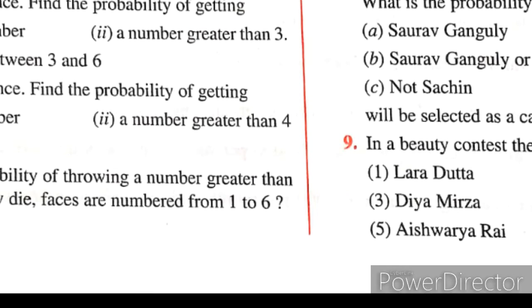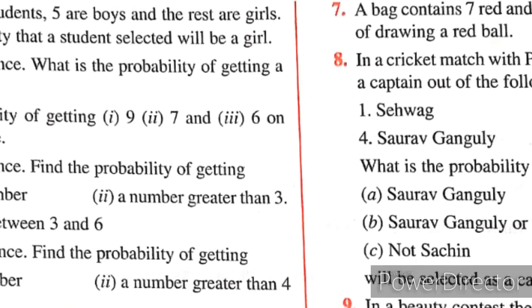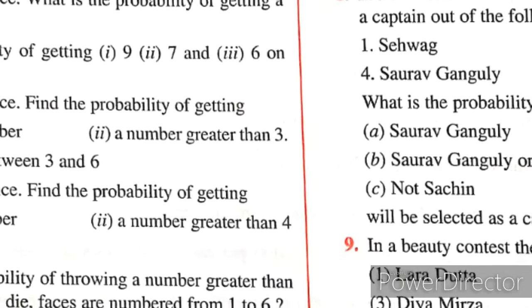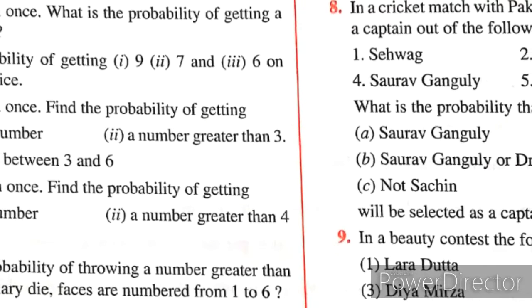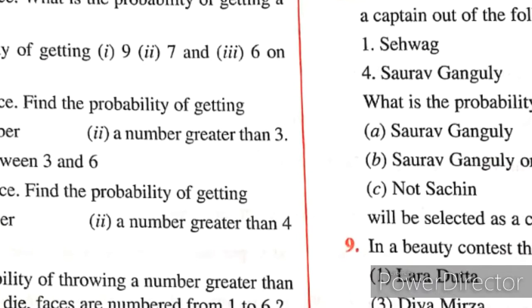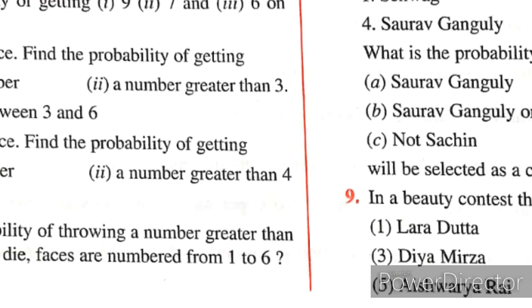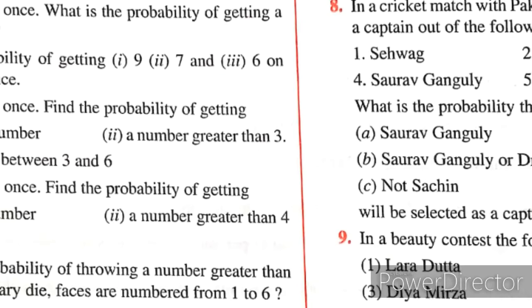No die will have a face with both the numbers 5 and 6, so it is 0. So by using this formula, we can write probability of 5 or 6 is equal to probability of 5 plus probability of 6, which is 1 by 6 plus 1 by 6, which is 2 by 6. Answer is 1 by 3.